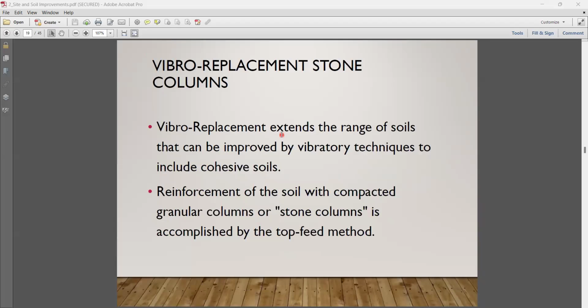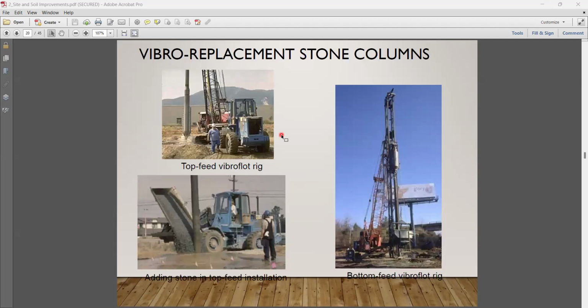Then there's another method, vibro replacement stone column. This is actually done to address compaction of clay soils, cohesive soils. Stone columns are used.